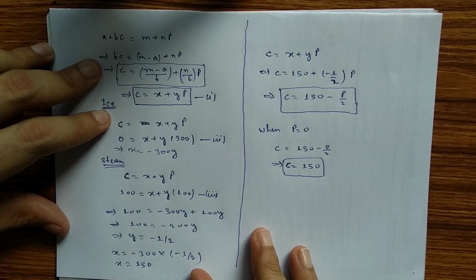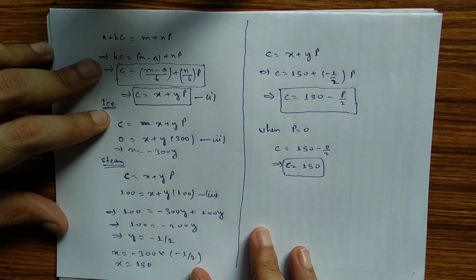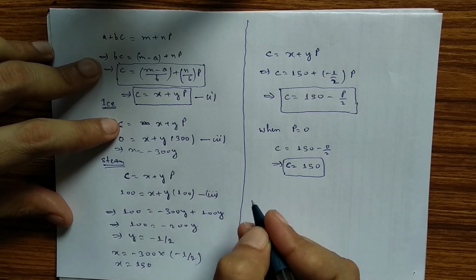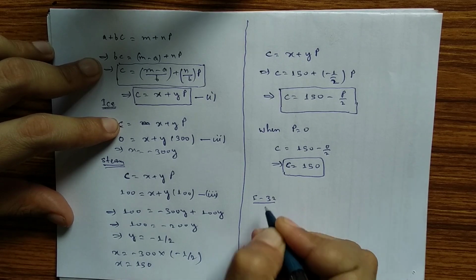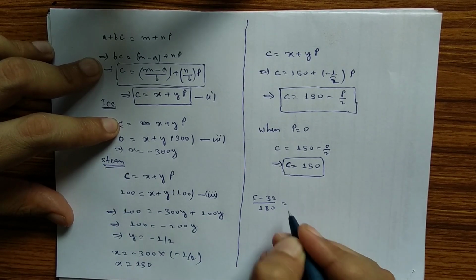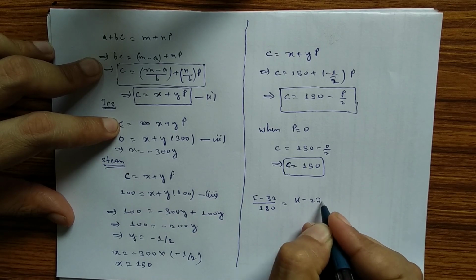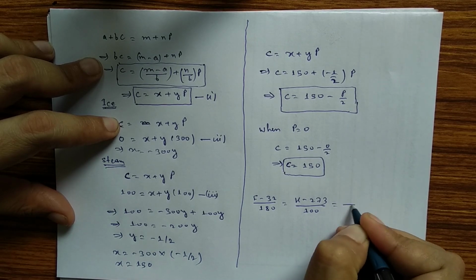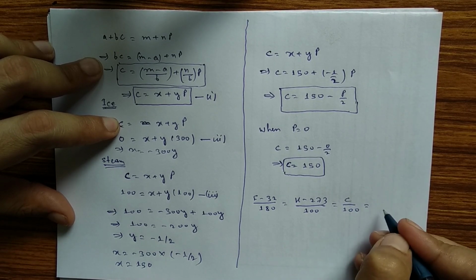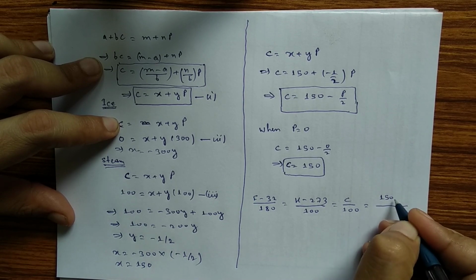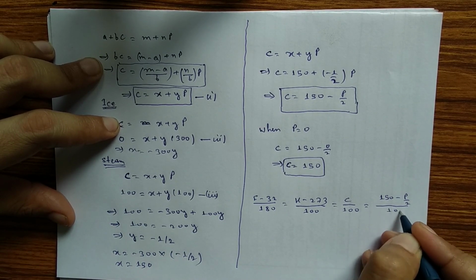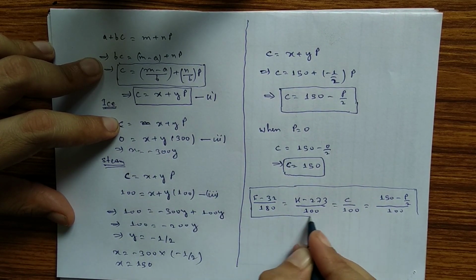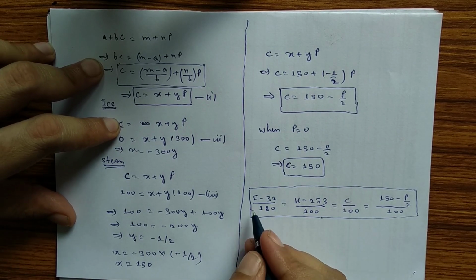Now we can compare or equate our scale, the P scale which we have constructed in this question, with the scales we know earlier: F minus 32 by 180 equals K minus 273 by 100 equals C by 100 equals 150 minus P by 2 by 100. We have also equated our scale with the well-known temperature scales.